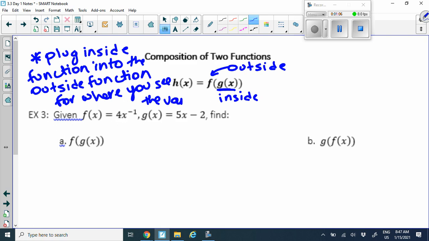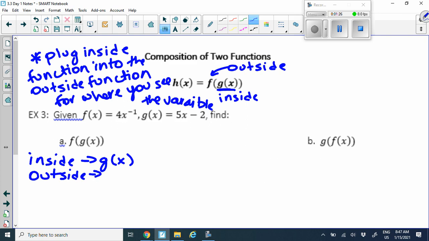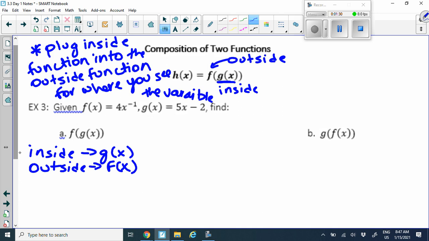And where we see the variable, that's where we're going to plug our inside function. So here on A, our inside function is g of x, and our outside function is f of x. So we're going to plug g of x into our f of x wherever we see x here. So we're going to plug our 5x minus 2 into this x.